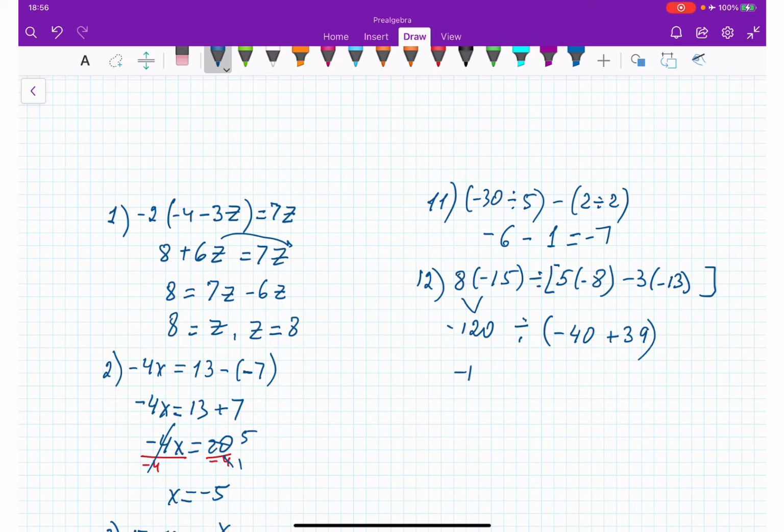Next, negative 40 plus 39 is going to be negative 1. And the answer is going to be positive 120.